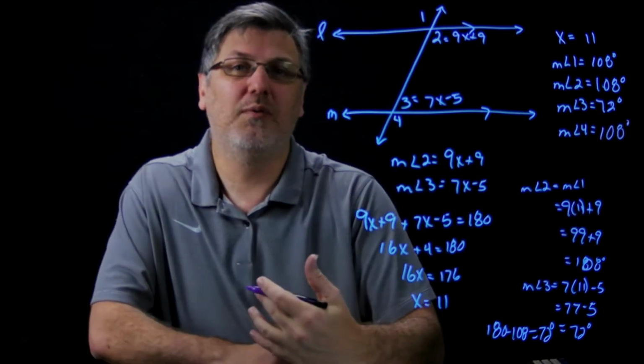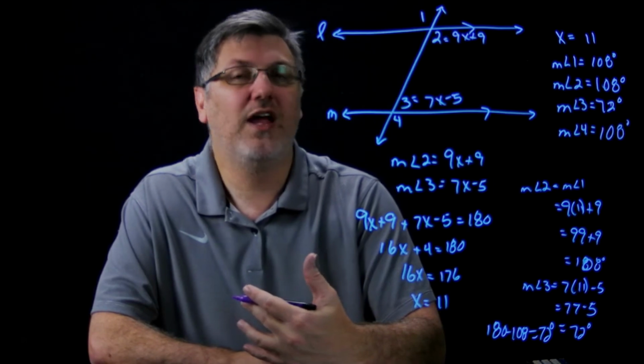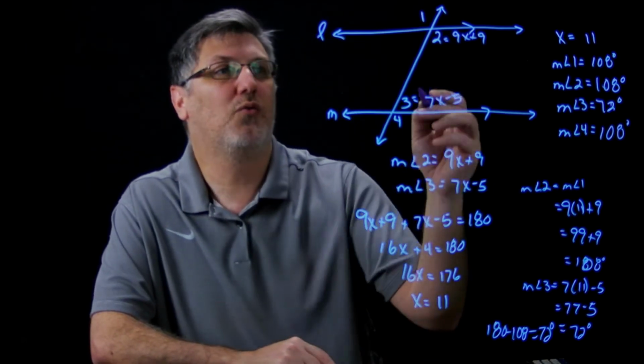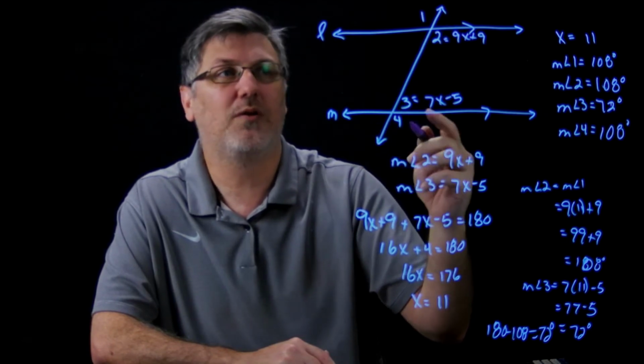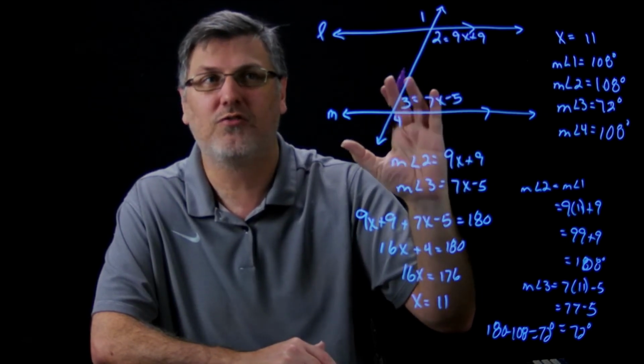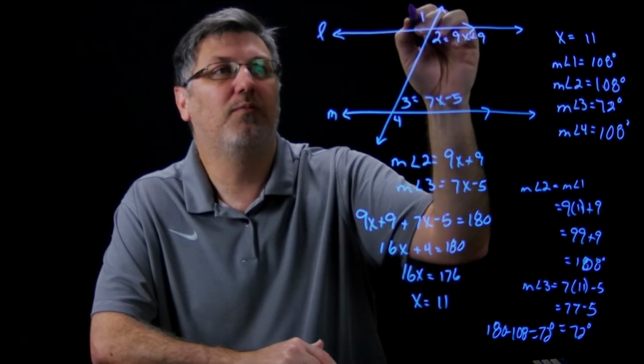Now, if you do remember the little trick, if you're my student, I showed a way, and we use WikiSticks, where we can actually see which angles are congruent and which angles are supplementary.